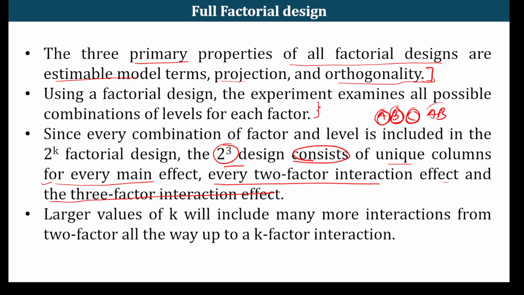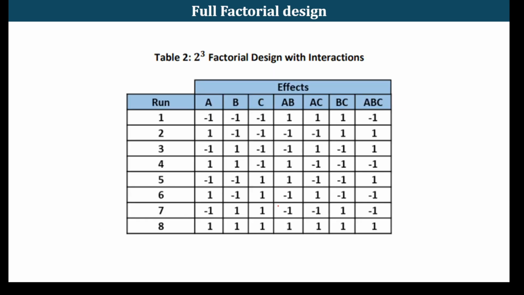Then all possible A B, B C, A C, then A B C all together. So a larger value of K will include many more interactions, from two-factor all the way up to a K-factor interaction. So when you have a large number of factors, the number of interactions increases. Like two-factor interactions are going to be more.